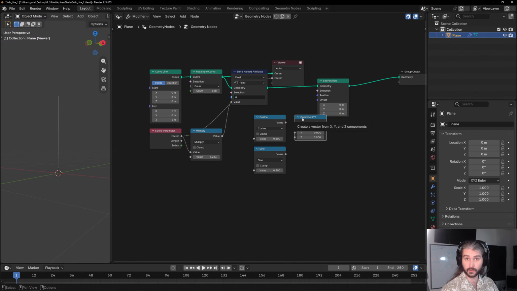Something to note real quick, I know there is a combine and separate spherical node. We're deliberately not using that today, because the blog post that I found all of this math from originally converts everything manually from Cartesian to polar.